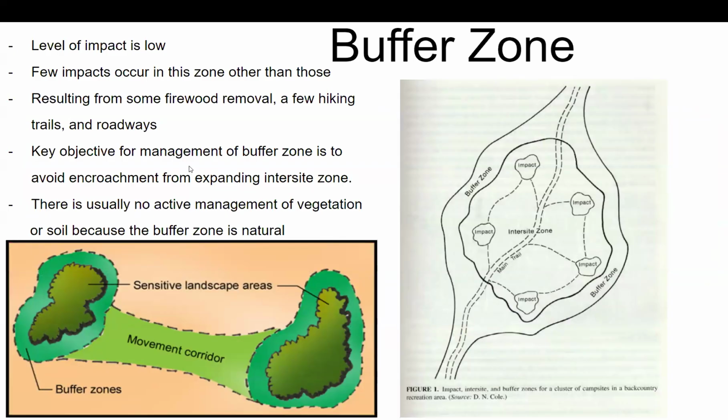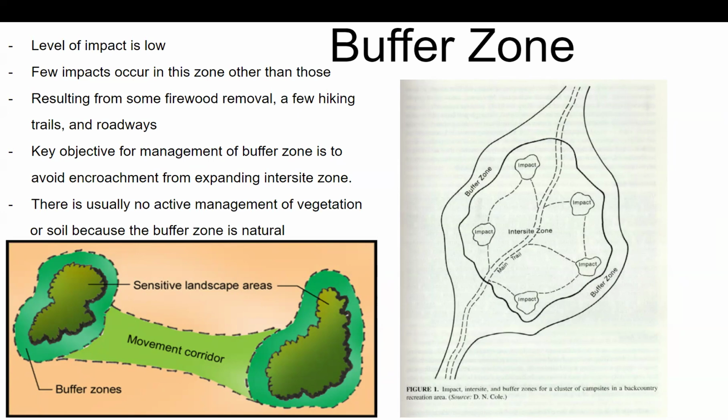The second least impacted area is called the buffer zone. The level of impact is low. Few impacts occur in this area, mainly hiking, getting firewood, or passing through to a roadway.